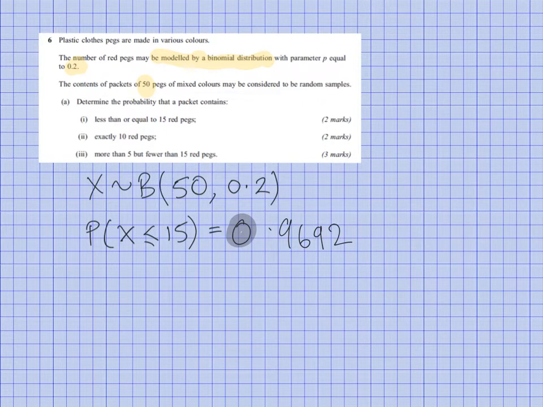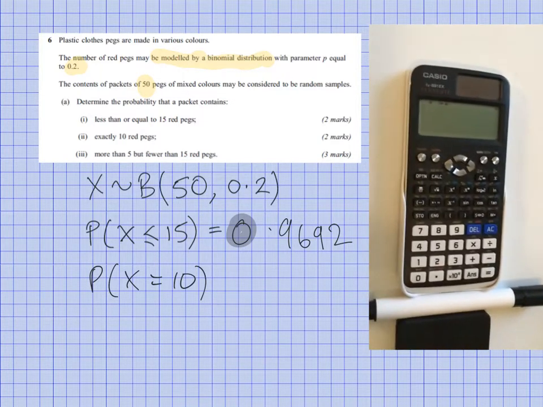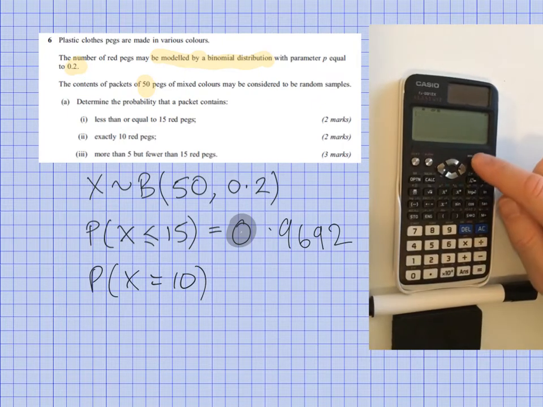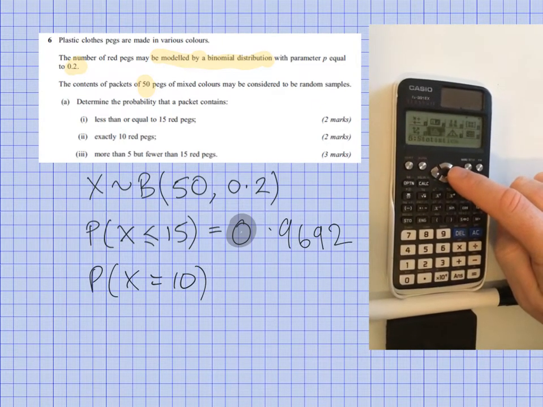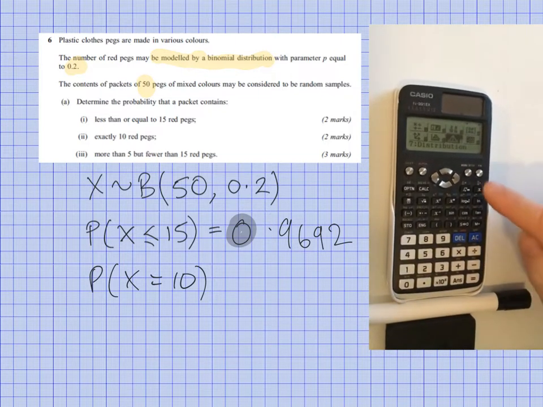And now we're going to move on and look at the second question, which asks us for the probability that we get exactly 10. Let's bring up the calculator. And again, we need to set the calculator into the correct mode. So we choose menu, number 7, which says distributions.